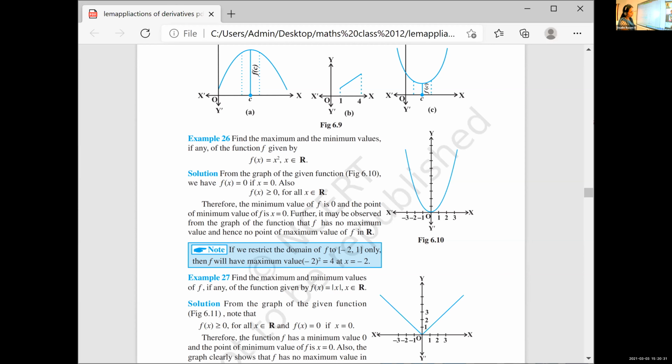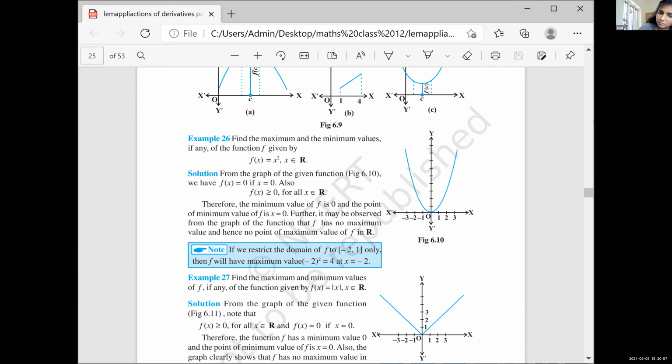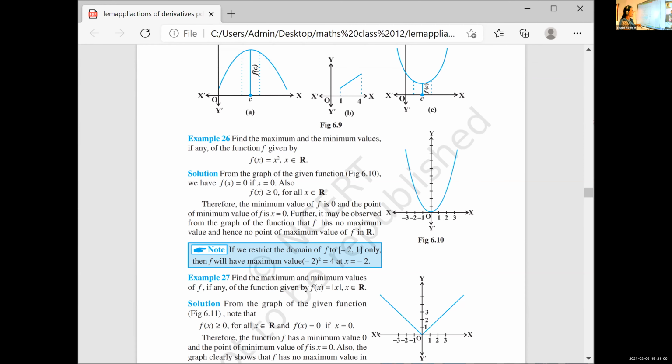From Figure 6.10, can you tell me the maximum value and the minimum value? Look at the blue curve. It is touching the x-axis at 0. So what is the minimum value when x is 0? 0, isn't it? So it is the minimum value.